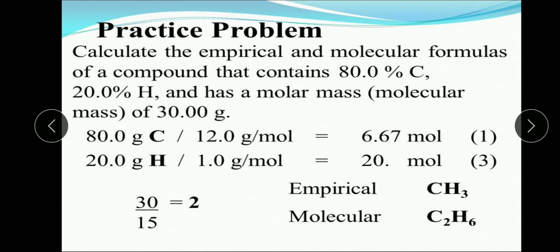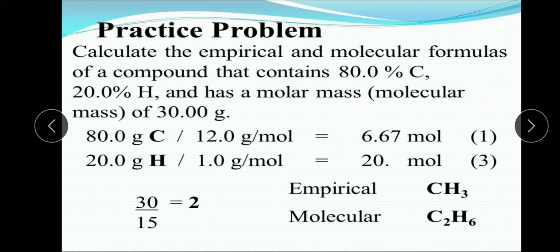So first note down the percentage of carbon divided by the weight of carbon. 80 divided by 12 gives 6.67 mole. Like that for hydrogen, they gave 20%. Converting the percentage to grams, 20 gram divided by 1 gram per mole of hydrogen gives 20 mole of hydrogen.